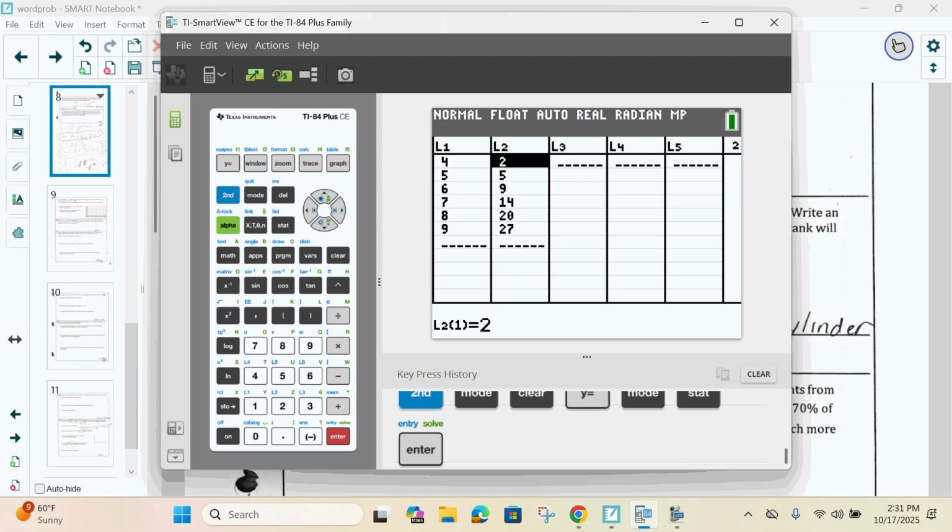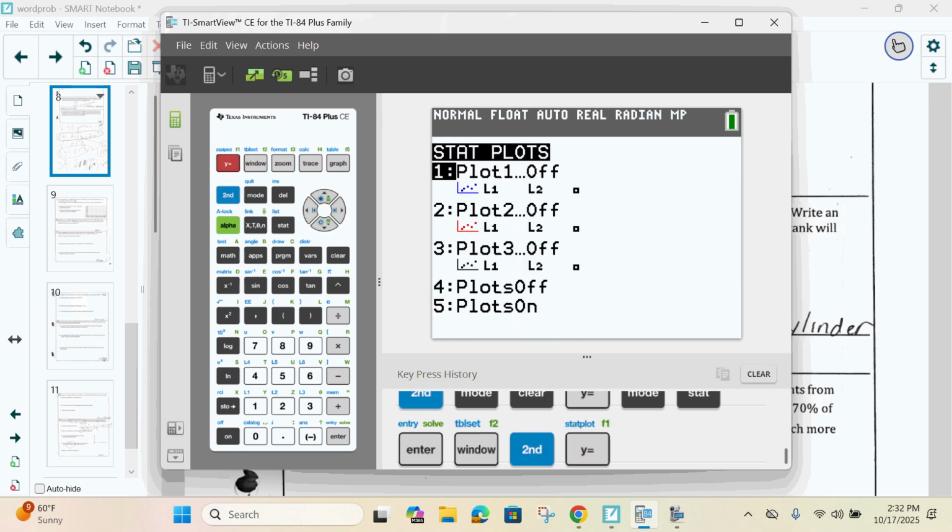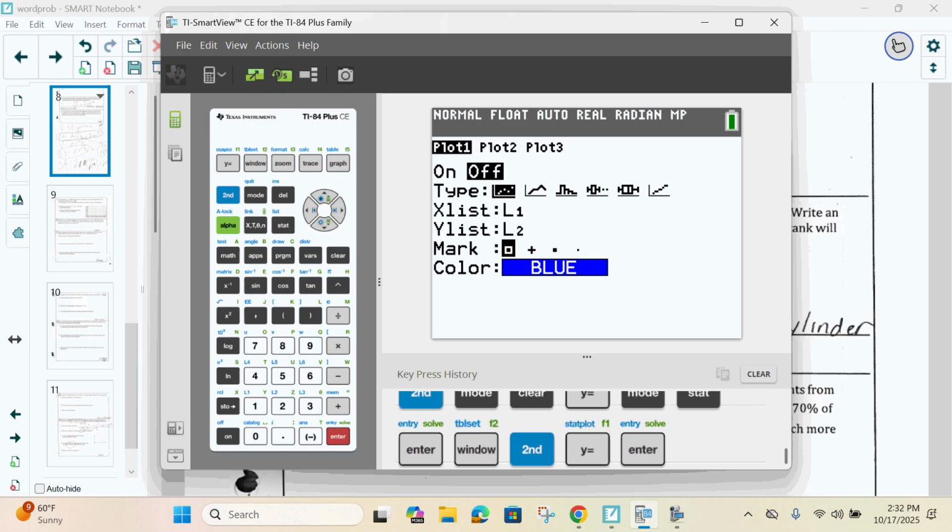So you're going to hit window, 0 to 10, 0 to 30. You're going to turn your stat plot on. You do it by going second, y equals. Second, y equals, and my plot one is off. So we're going to hit enter.